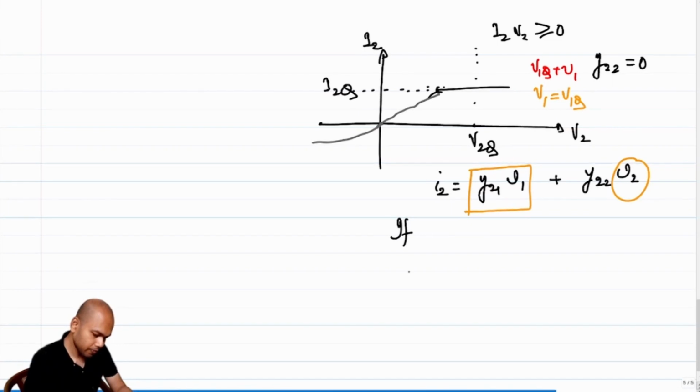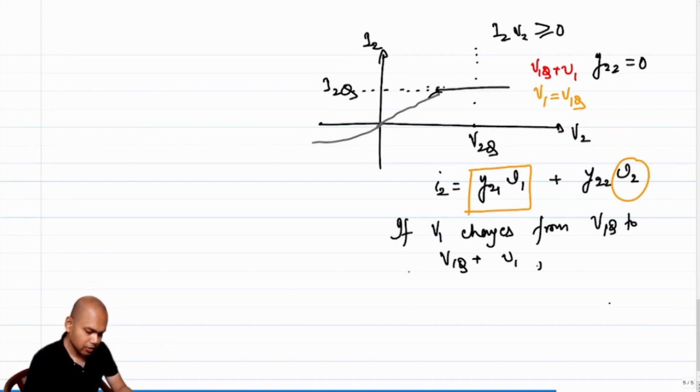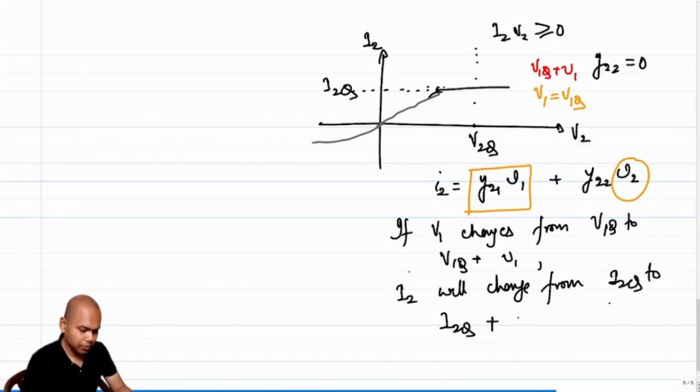So if V1 changes from V1Q to V1Q plus small v1, I2 will change from I2Q to I2Q plus this change, which is Y21 times v1.